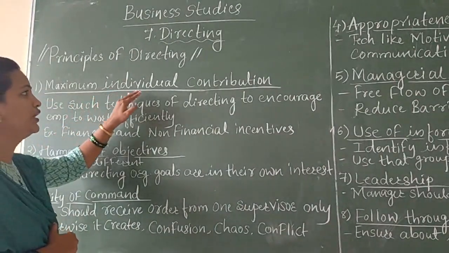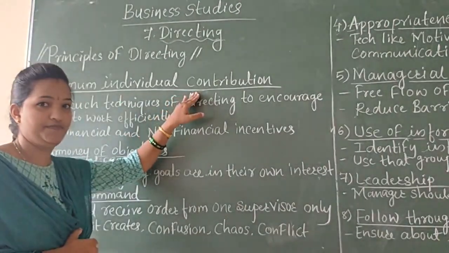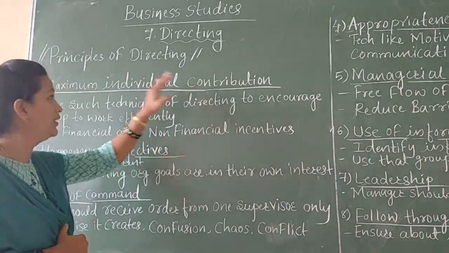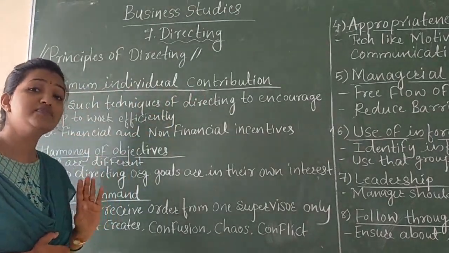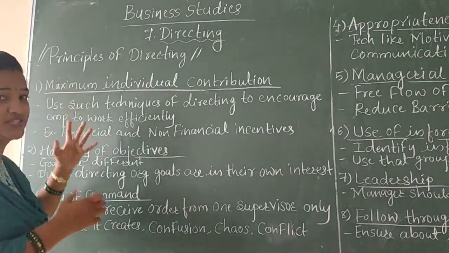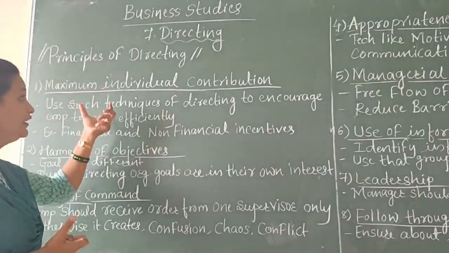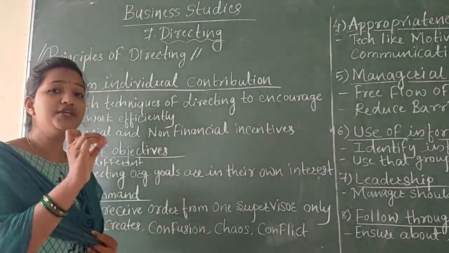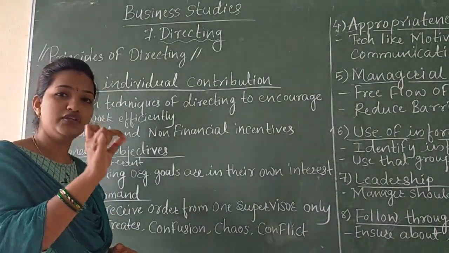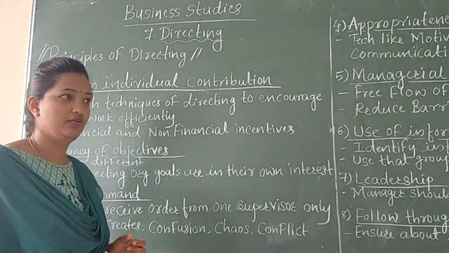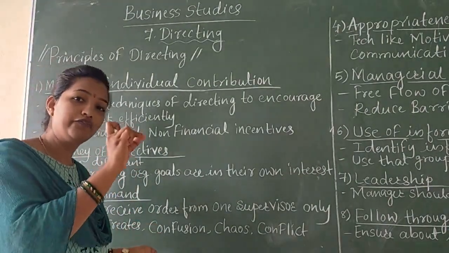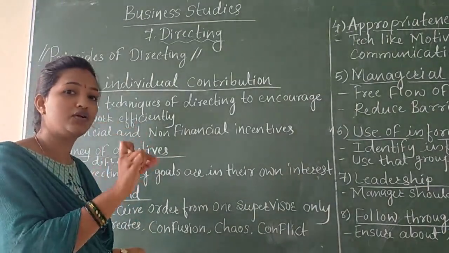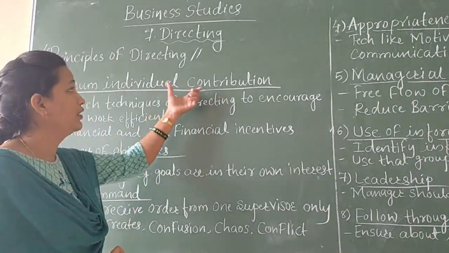So the first one is maximum individual contribution. What is the meaning of it? Maximum means more. Individual means each employee who is working within that organization.